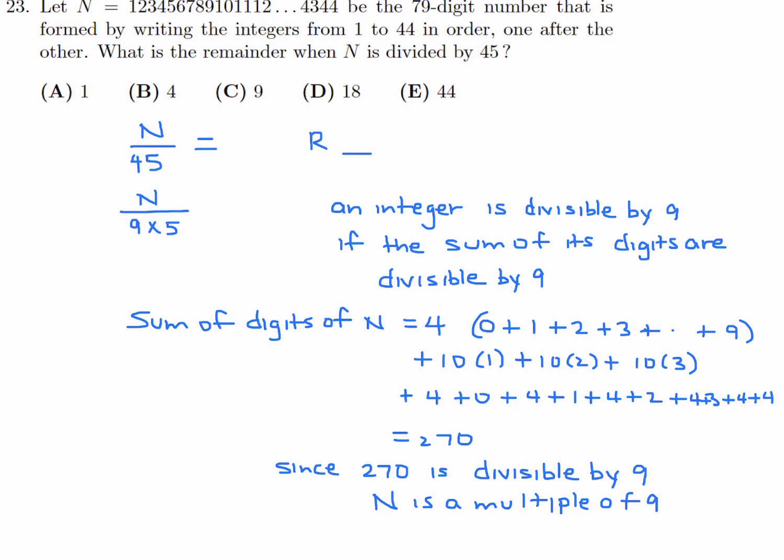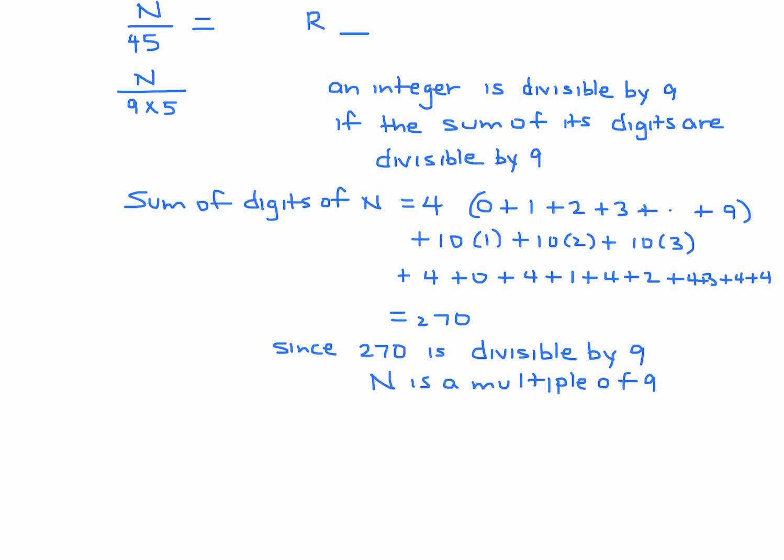All right, so now that is established, now we turn our attention to n minus 9. N is a multiple of 9, so n minus 9 is also a multiple of 9.